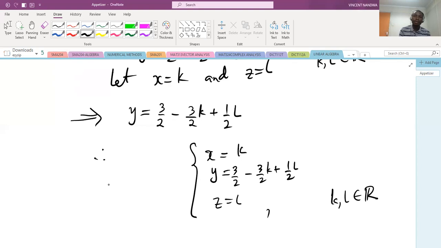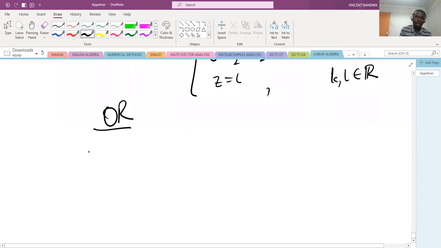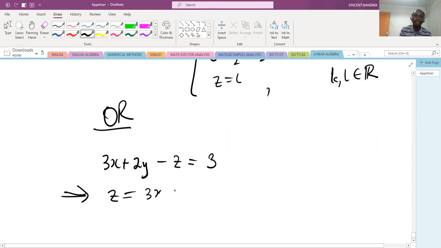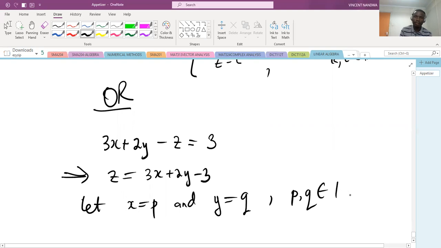Or you can make z the subject. So say we had 3x plus 2y minus z equals to 3. So this means that z will be 3x plus 2y minus 3. So let x be p and y be q, where p and q are real numbers.